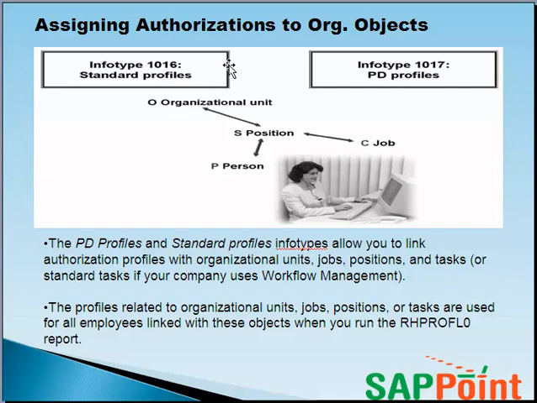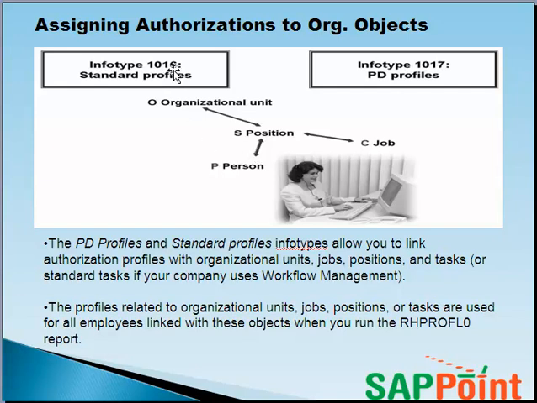SAP does not recommend you to do that, so this info type will be rarely used by you, if at all, because SAP does not support issues that may arise out of manually created profiles. But SAP_ALL is an example of that. So if you want to assign SAP_ALL to a particular org unit or a position, instead of assigning it directly to the user, then you could use the info type 1016 to do it.